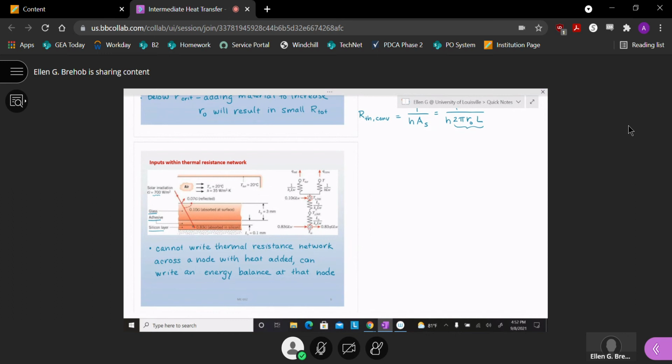They've already sketched this resistance network for us, and we are going to work with that.